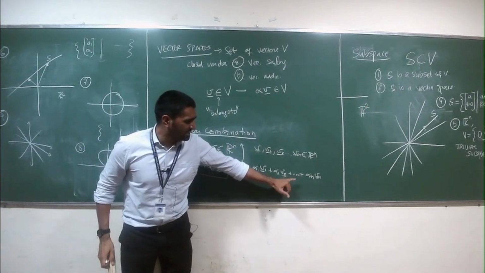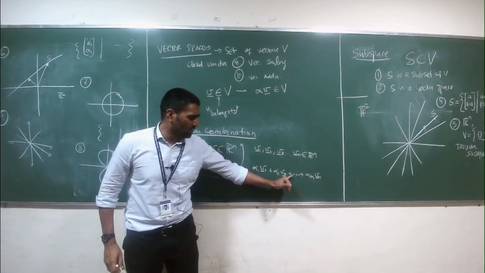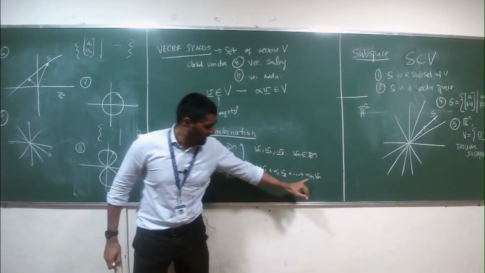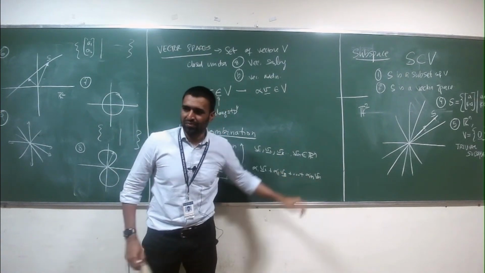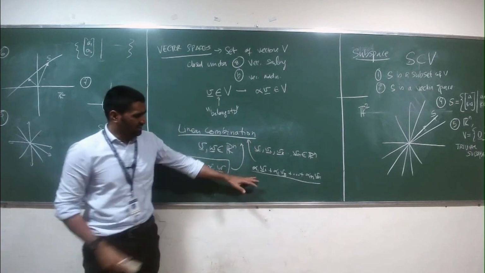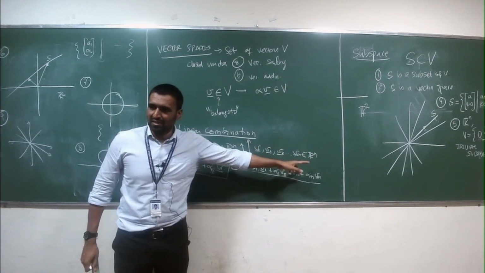If you see these three dots, it simply means you continue this pattern: alpha 1 v1, alpha 2 v2, alpha 3 v3, alpha 4 v4, so on and so forth, till you reach alpha m vm. This operation is simply a process of taking the linear combination of these vectors.